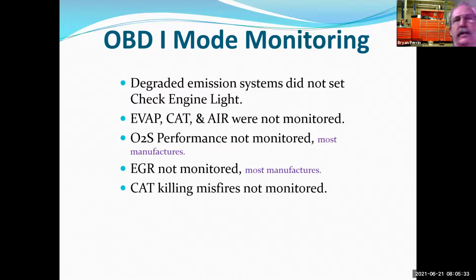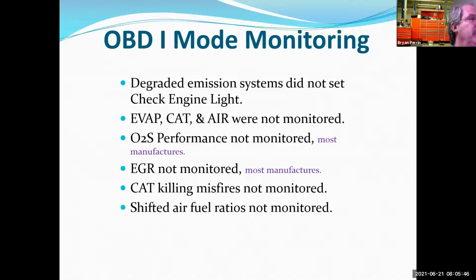Misfires were not detected. So if an engine was a 6-cylinder engine and only running on 5 cylinders, we didn't notice that. It didn't turn the check engine light on, didn't set a code, and so on. Shifted air-fuel ratios were not monitored, with few exceptions. So if the car was running excessively lean or excessively rich, again, it would not set a code, with few exceptions.